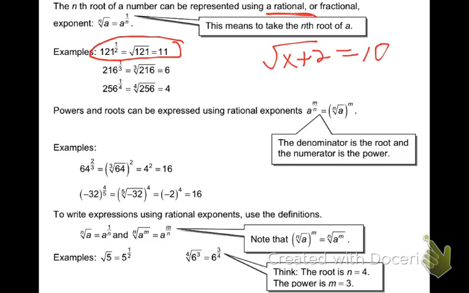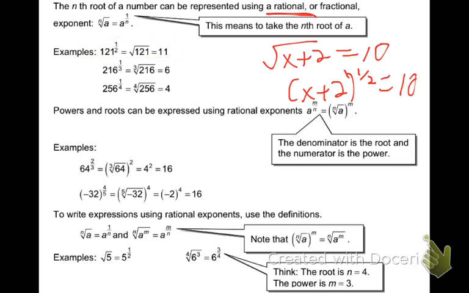Well, then we have the same problem, x plus 2 to the 1/2 power equals 10. Well, how do you get rid of a 1/2? You take it to the squared power. It's the same thing. A half power and a square root are the same thing. A 1/3 power and a cube root are the same thing as well. A 1/4 power and a 4th root are the same thing as well.